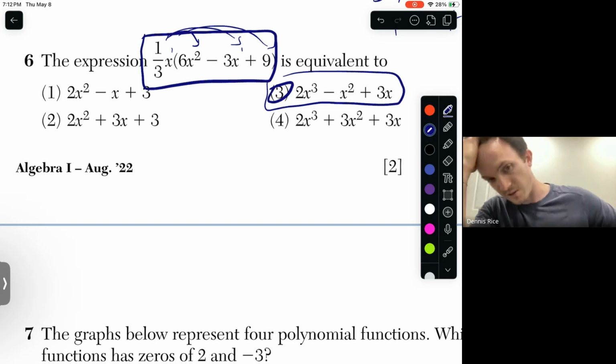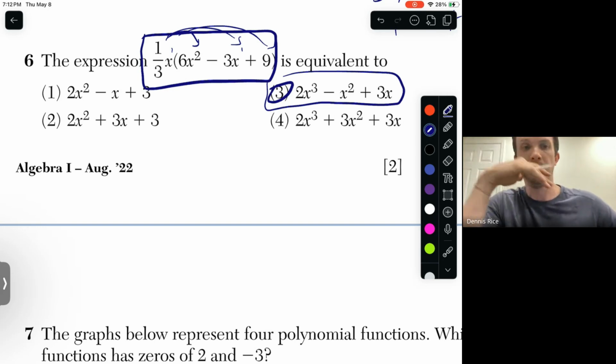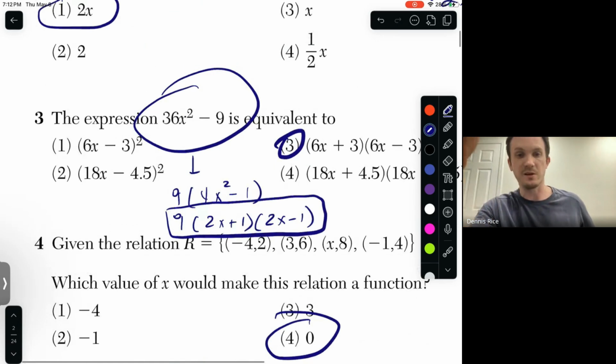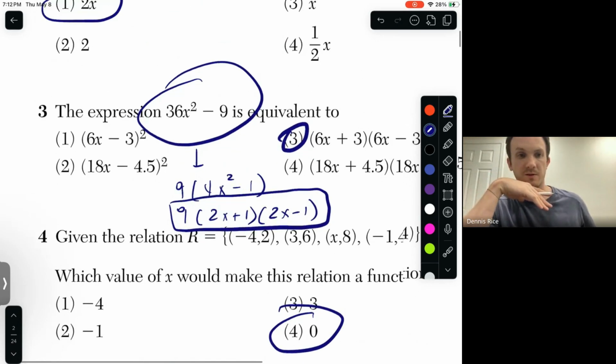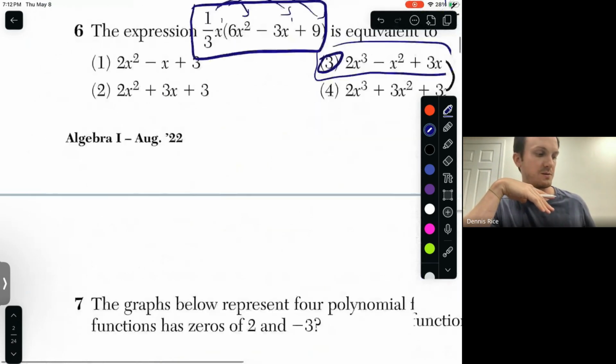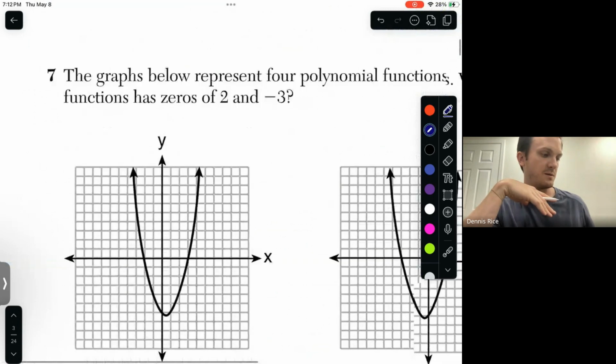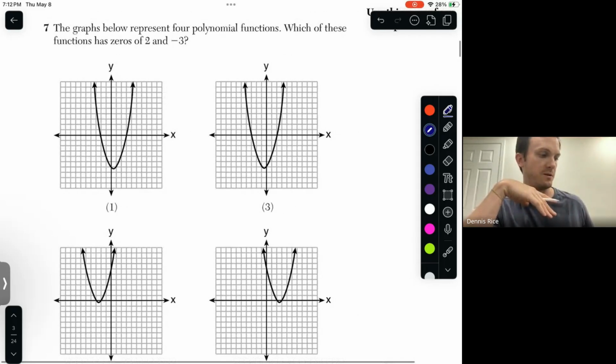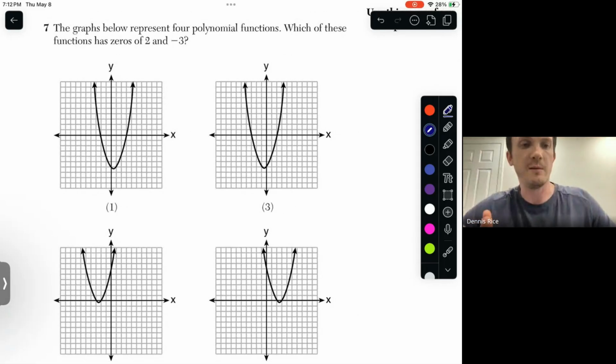If your tables are exact matches, they're equivalent. You'd be surprised how many questions that could answer. Even on this first page, it could have helped you with number 3 if you were totally blanking out. There's probably a bunch more throughout the test. So a lot of calculator tricks we'll focus on over the next few weeks, but we don't want to just use tricks for every question. I'm throwing these out as a worst case.